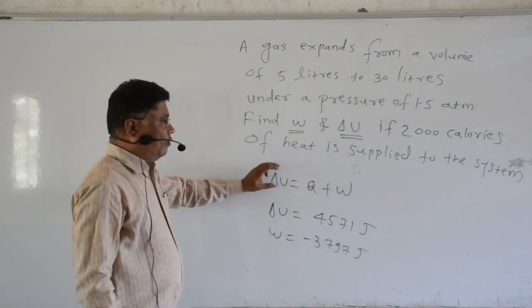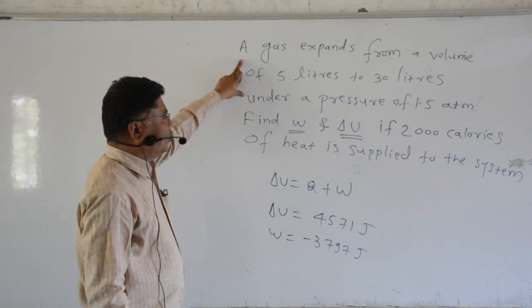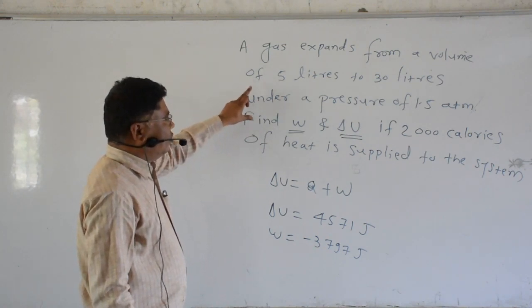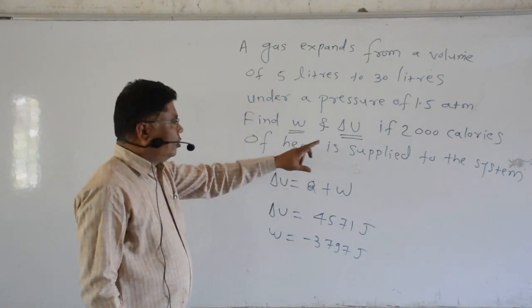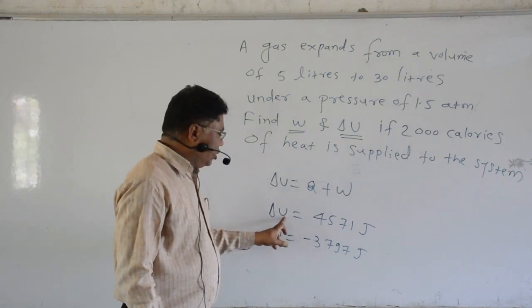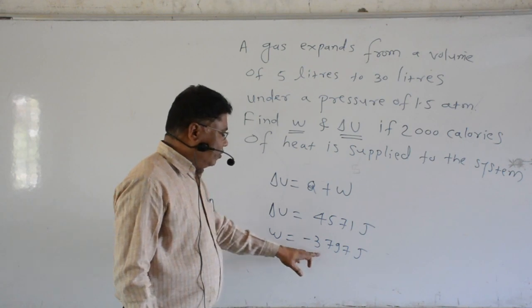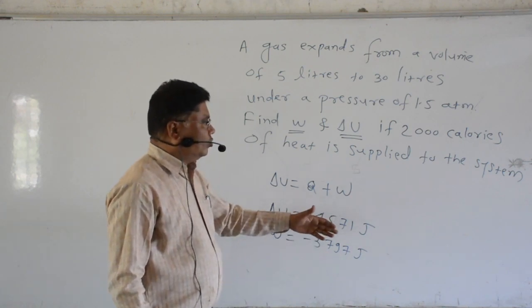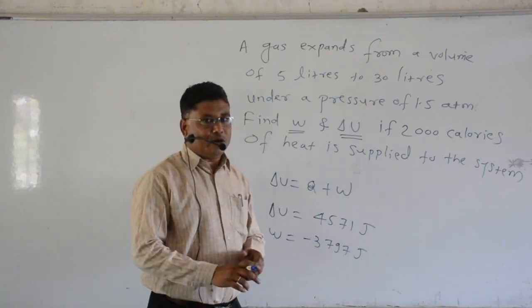So this is the problem for homework. Read the problem carefully. First of all, find the value of W, then put this value of W in this equation, convert these calories into joule, then we get the value of delta U, and then we get the value of W also. So those are the few problems on first law of thermodynamics.